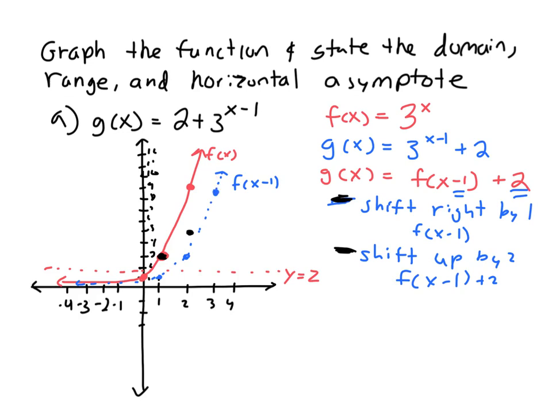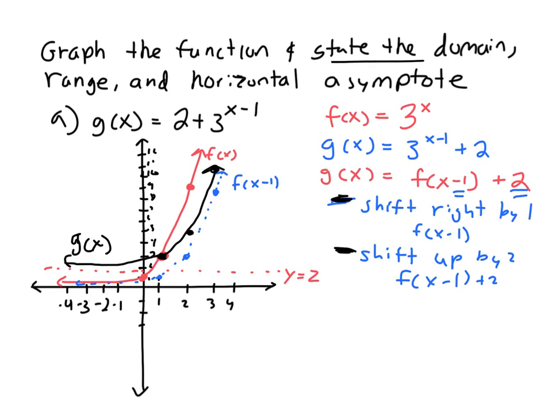So it'll be at 3, 11. Okay, now I'm going to draw this, keeping in mind my asymptotes. Alright, so it's going to look like this. So that is g of x. Alright, so we've graphed g of x now. Looks something like what I have drawn there.